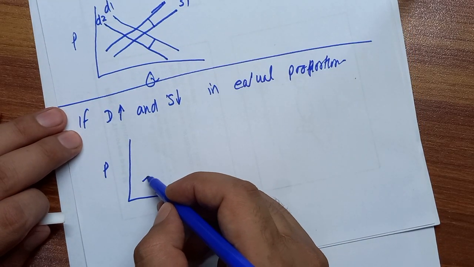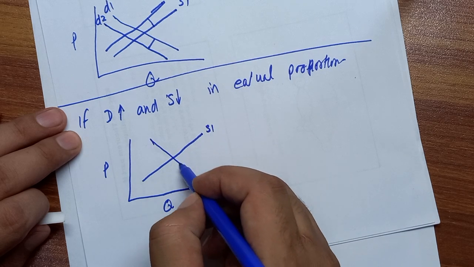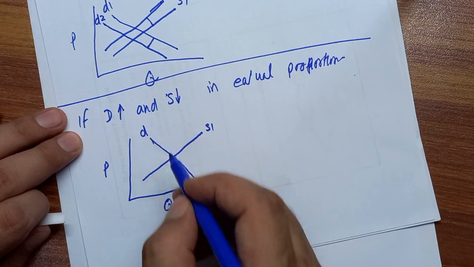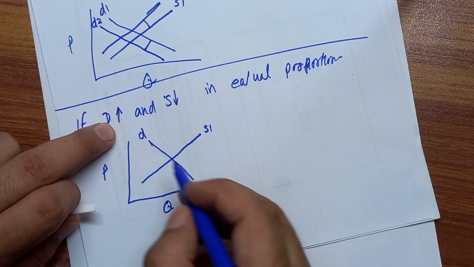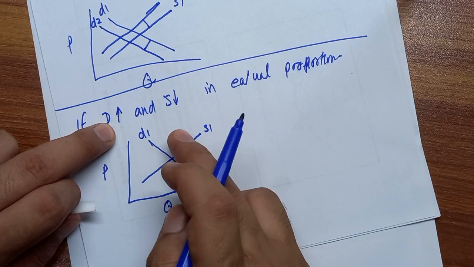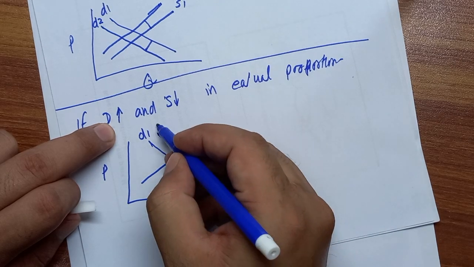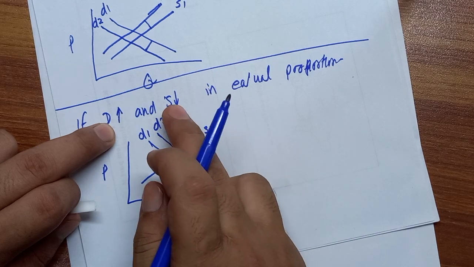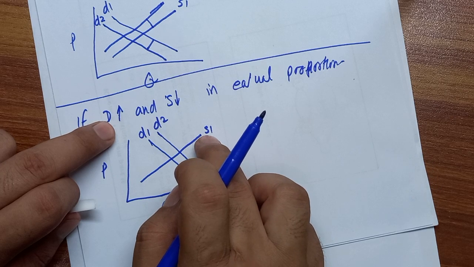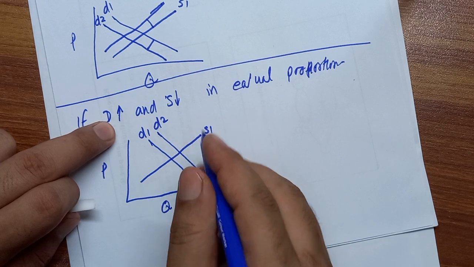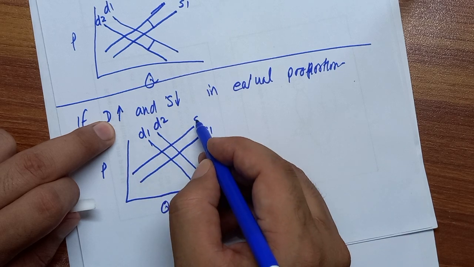Here we have original lines, this is S1 and this is D1. Here we have an increase in demand, so we will draw above the demand line. So here we will draw D2. And for a decrease in supply, we will draw above the original line. So this is S2.